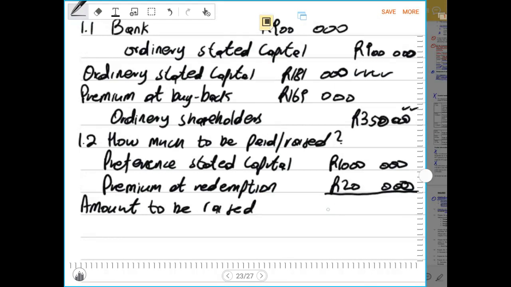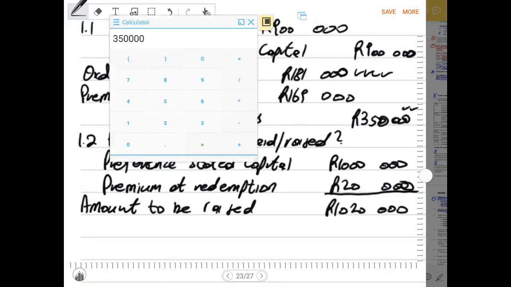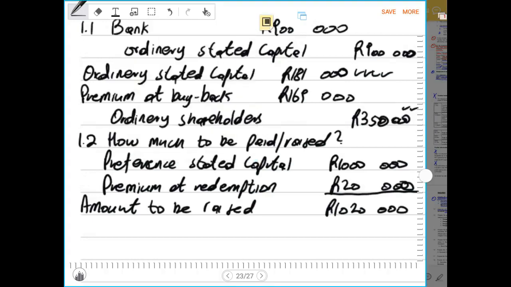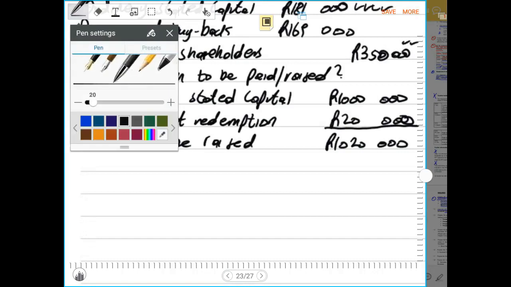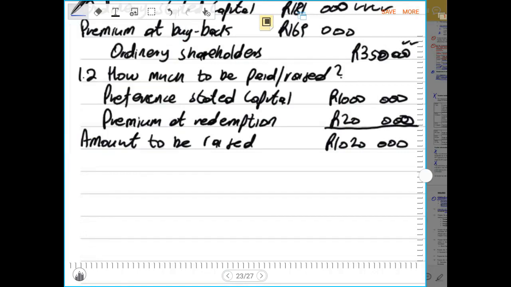We have to raise this 1,020,000 for the payment of the redemption of preference shares, which is 20,000 plus 1,000,000, which is 1,020,000 rands.